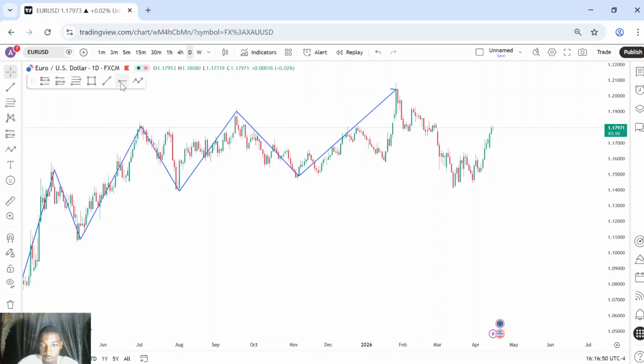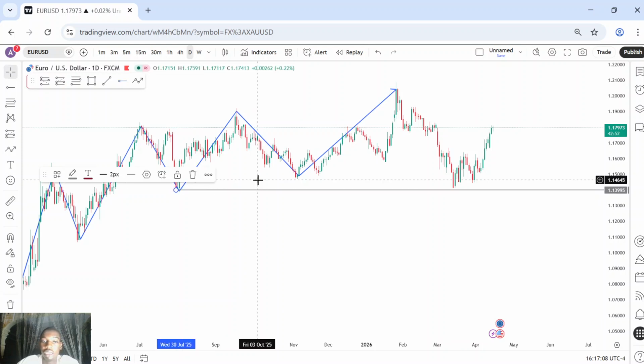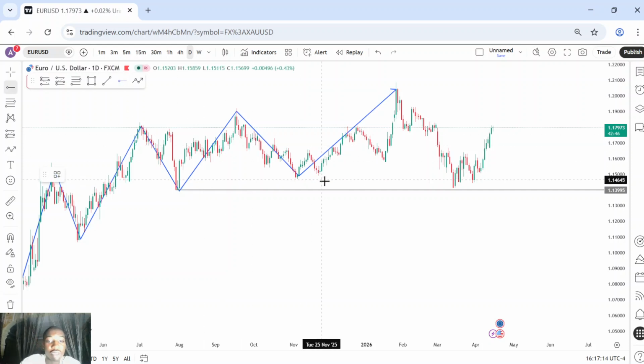This is the daily time frame. First of all, know your trend. Second, map out support and resistance levels. From the daily time frame, this has been a support. It has been in a bullish trend.